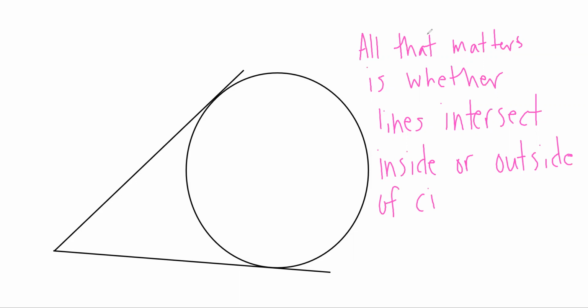The type of lines don't matter. Okay, it's just whether or not the intersection point happens inside or outside the circle. If it's inside, remember you're adding up the 2 arcs and dividing by 2. And if it's outside, you're subtracting the 2 arcs and dividing by 2.